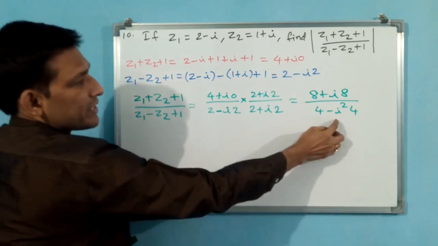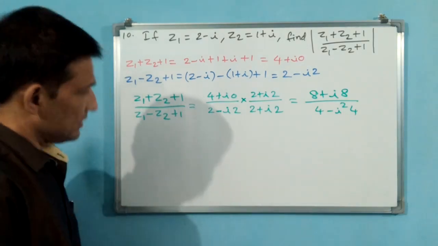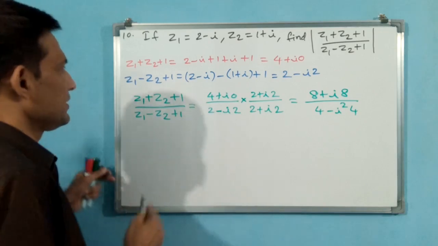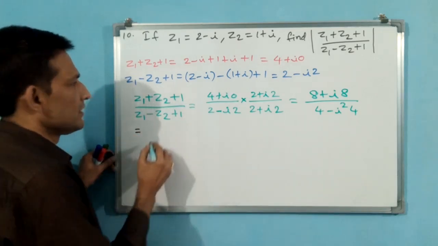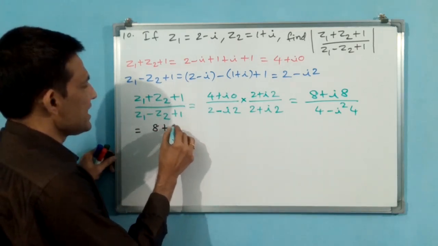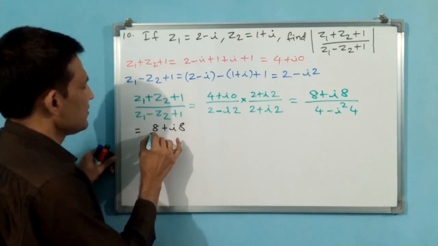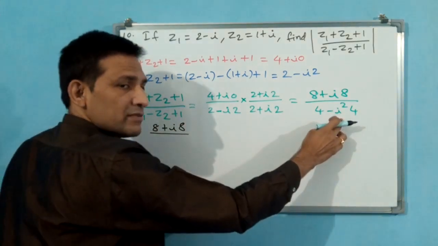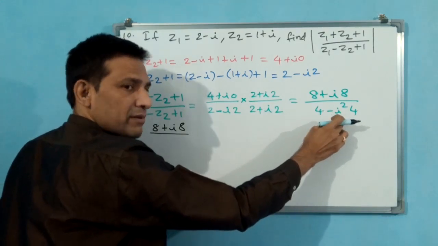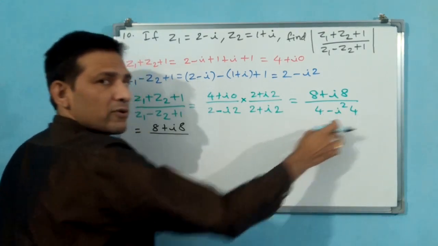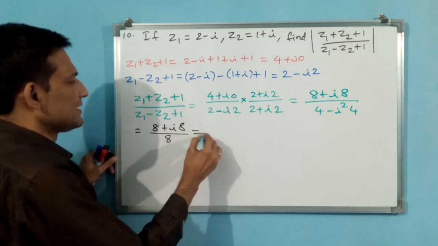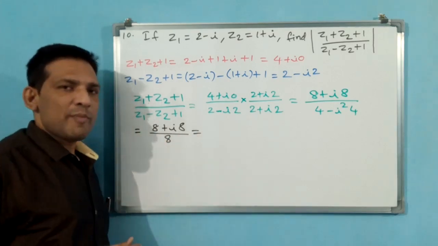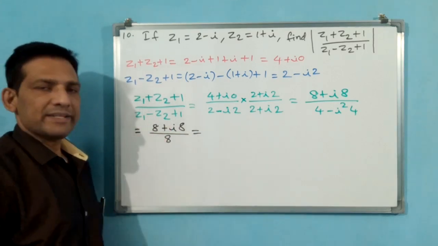Now you see, the real part is going to separate. Write down: that is equal to 8 plus I8 in the numerator. But in the denominator, I square is minus 1, minus of minus 1 plus 1, that means 4 plus 4, 8. Shall I take 8 common? Why? Because 8, 8, 8 is there.